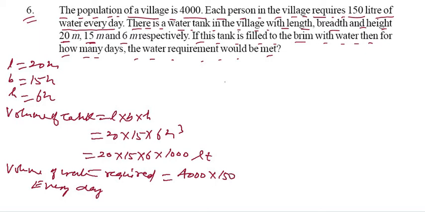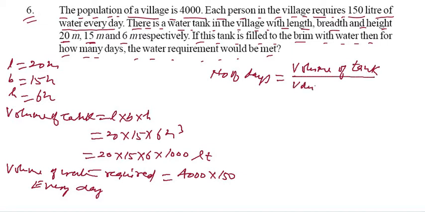So how can we find the number of days? Number of days is equal to volume of tank upon volume of water required every day. So now you can put the value.